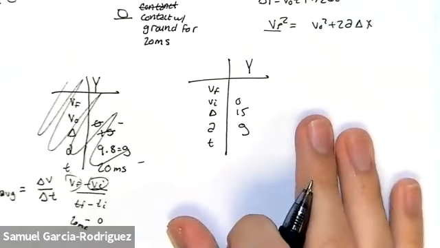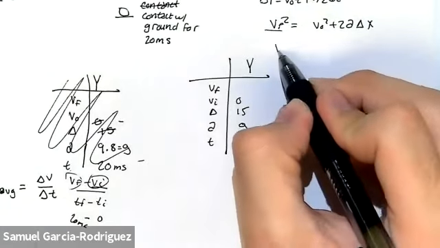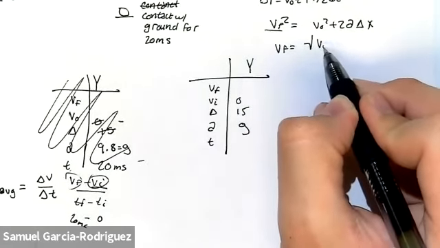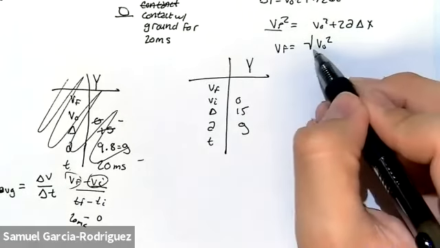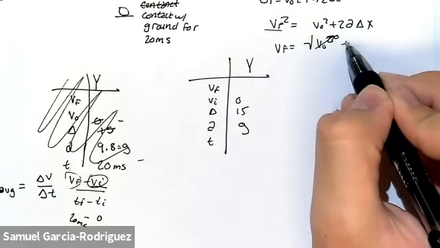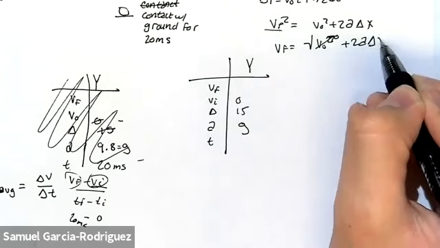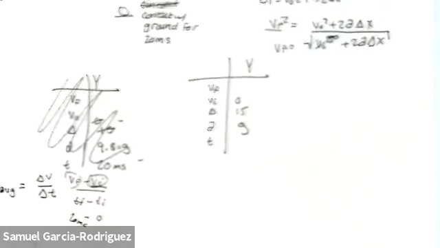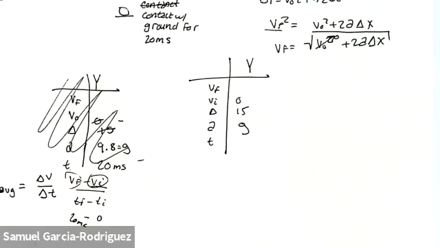V final equals the square root of V naught squared, which is going to be 0, plus 2a delta x.